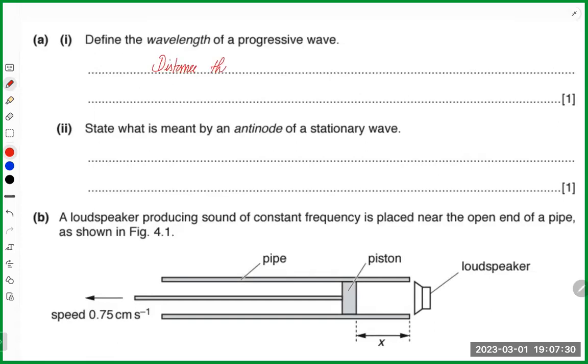The distance that energy moves in one time period is called wavelength.